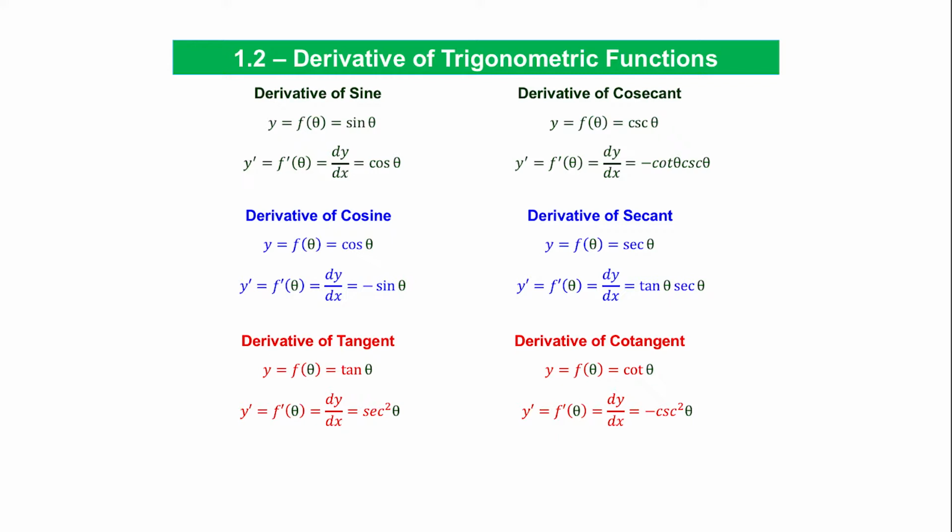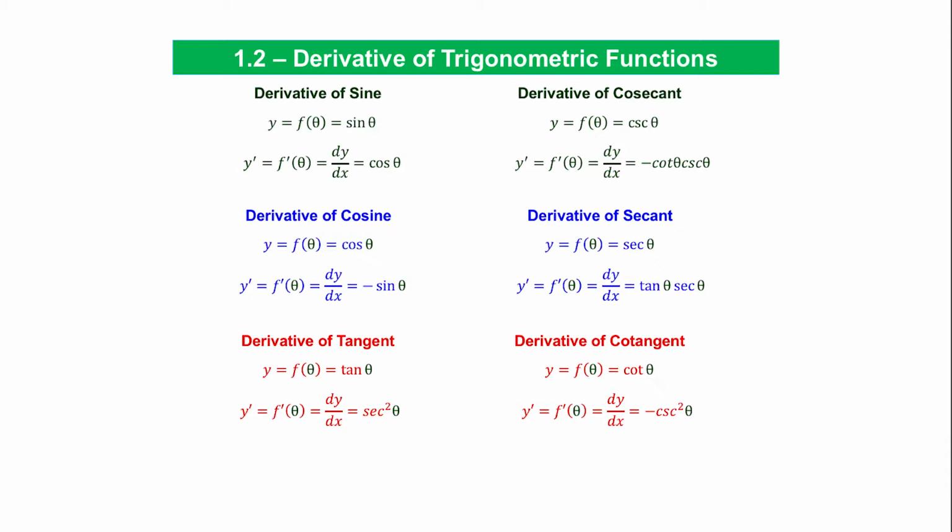Now their respective reciprocals, like I've mentioned earlier, the reciprocal of sine theta is cosecant theta. If a function is given as y equals cosecant theta, then the derivative of the function will be y prime equal to dy/dx equal to minus cot theta cosecant theta.